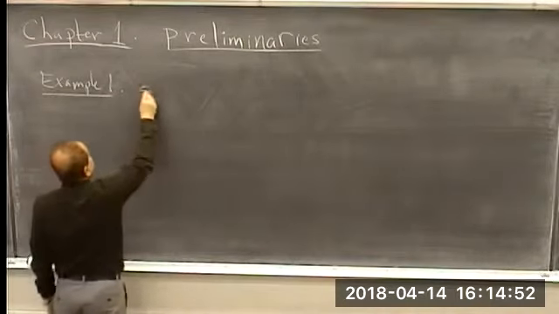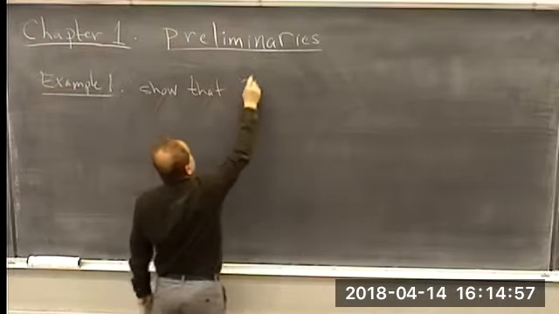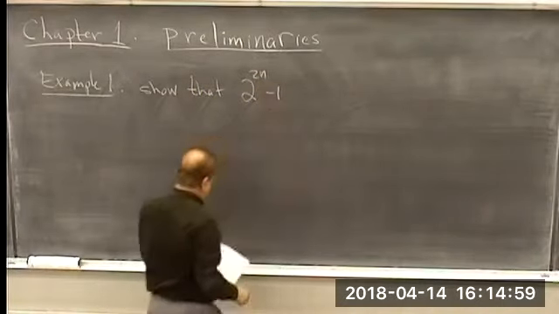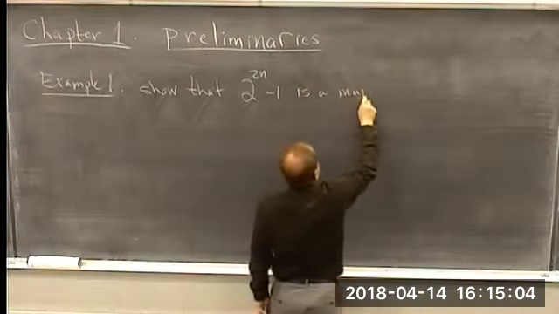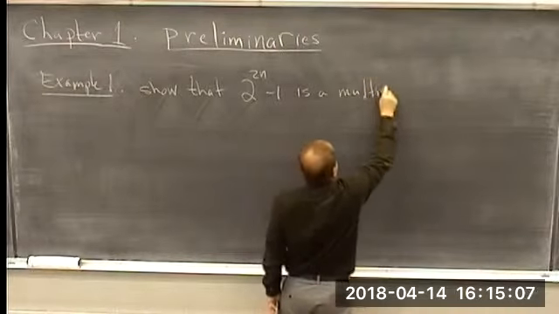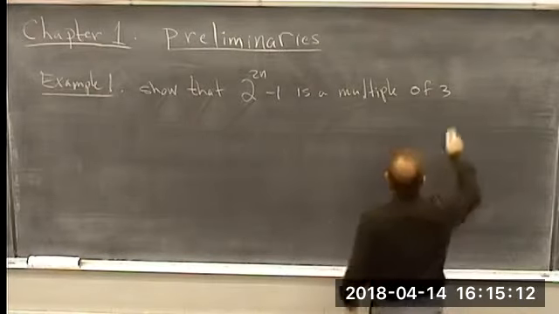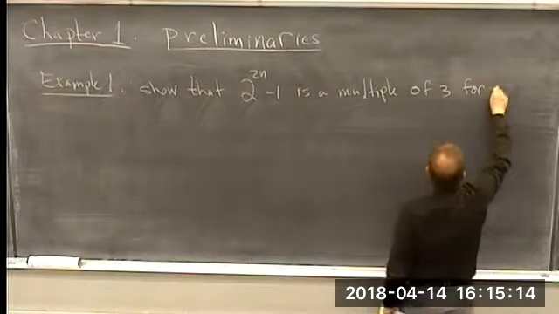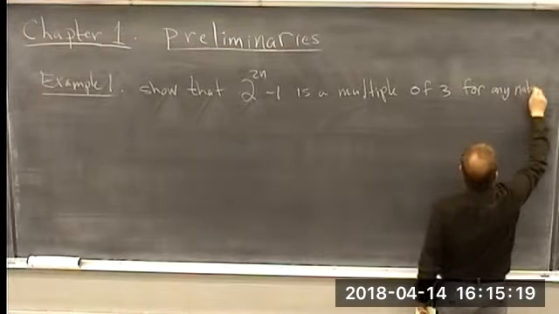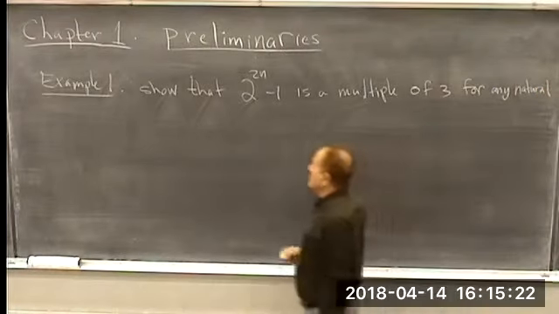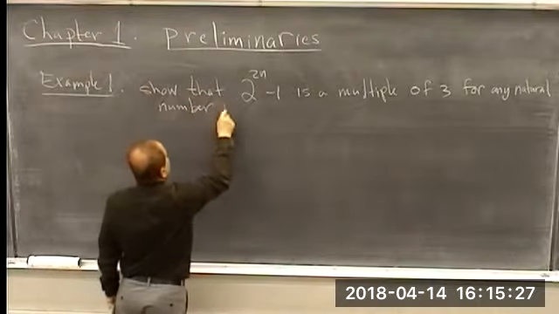Let us show that 2 to the 2n minus 1 is a multiple of 3 for any natural number n.